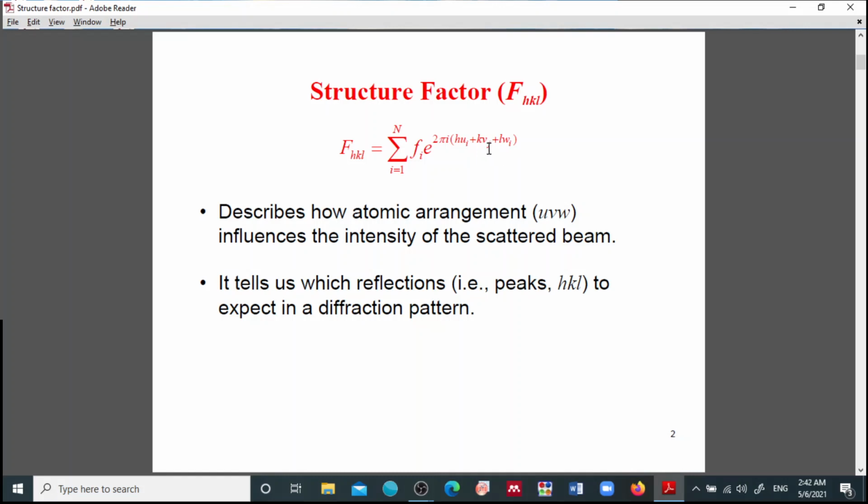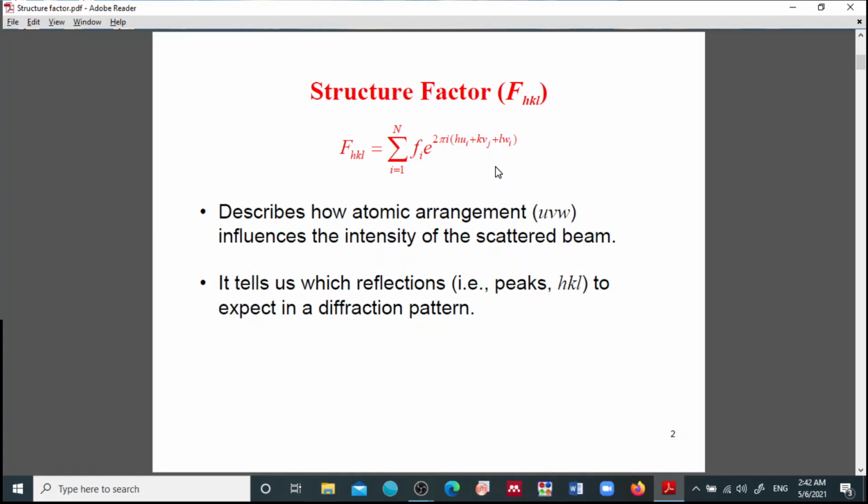So you should make this correction. Sorry for this mistake. This is hu_i plus kv_i plus lw_i. So it means that both the directions uvw and the hkl planes are important.